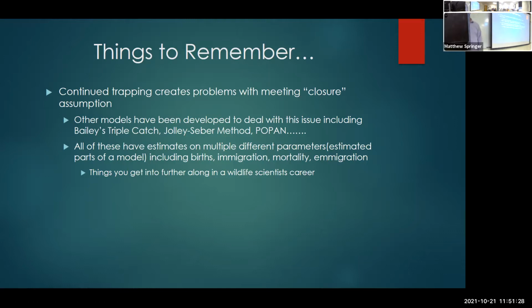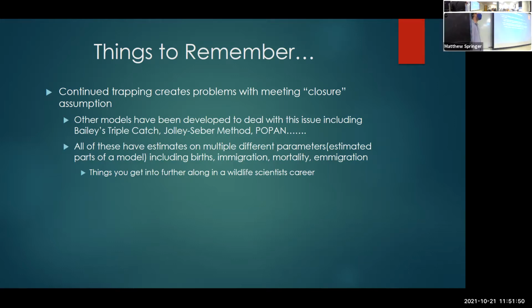So the problems and the things you need to take away from this: the nice thing about the Peterson estimate is it's simple and straightforward. It's able to generally meet the closure requirements and the assumptions. However, if you aren't able to catch and mark a lot of animals of the population, it gets a little shaky.